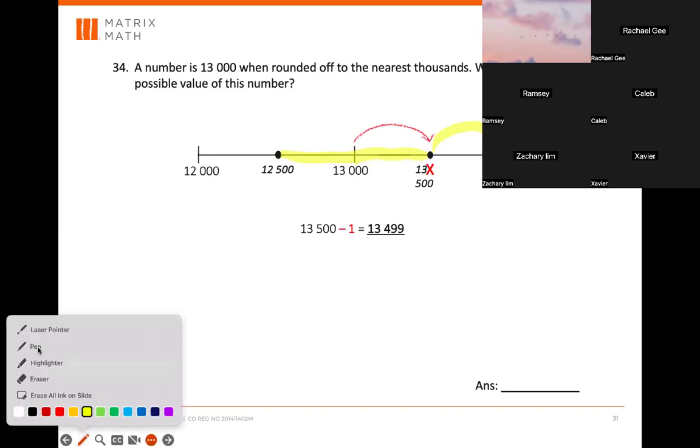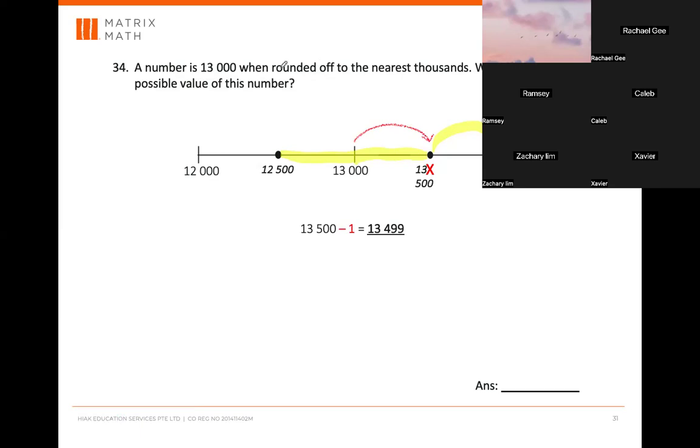That will be the greatest number when rounding off to the nearest thousand. You can do a check. Rounding off to the nearest thousand, this is your thousands place. Look at the digit behind. As long as it's less than 5, you don't round up. So that's why it will be 13,000. So the greatest value here will be 13,499.